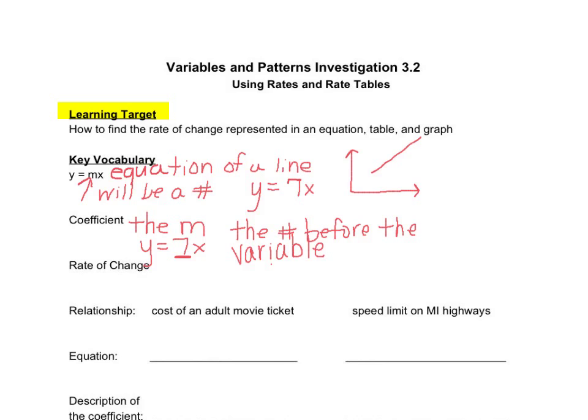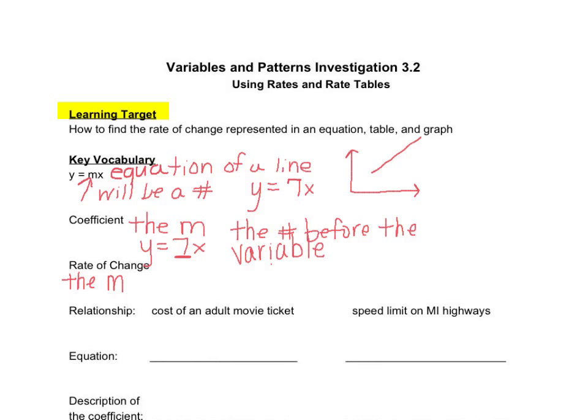All right, the last word that I want to look at for this particular lesson is rate of change. And rate of change in the equation y equals mx also happens to be the m. So m is the coefficient, but it also tells us what the rate of change is. So in the example that I've been using, y equals 7x, the rate of change would be 7.